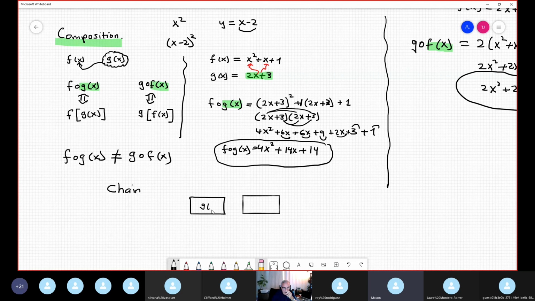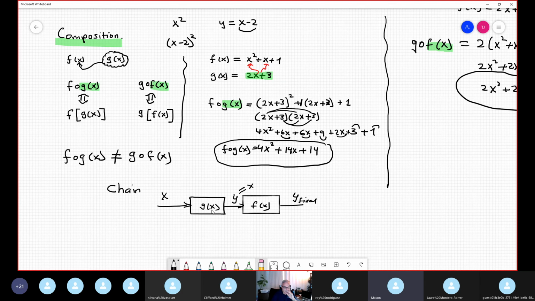This is g first, and this is f secondly. Any value inside the domain goes first for g. Domain, remember, is a set of the x values. And the transformation of the y behaves like an x in the second box, and you get the definite y. This is the final y.